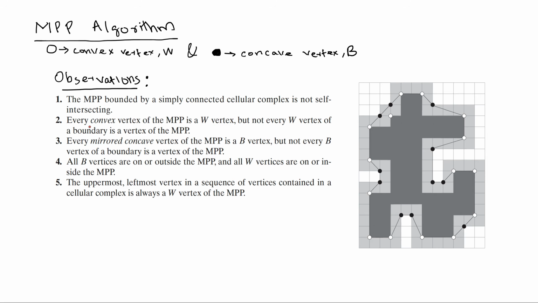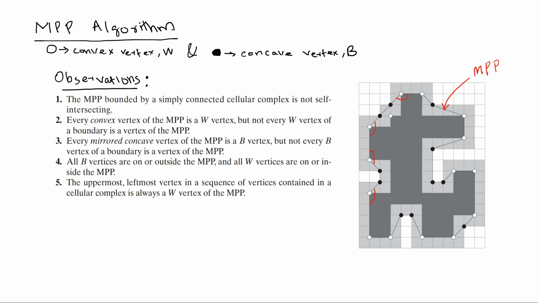Now we have two important points that need to be noted. Every convex vertex of the MPP is a W vertex, but not every W vertex of the boundary is a vertex on the MPP. This boundary with the line segments is my MPP. If you look at every convex vertex of this MPP, this is a convex vertex, this is another convex vertex, and this is another convex vertex.